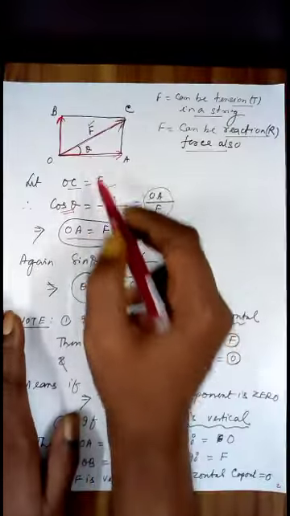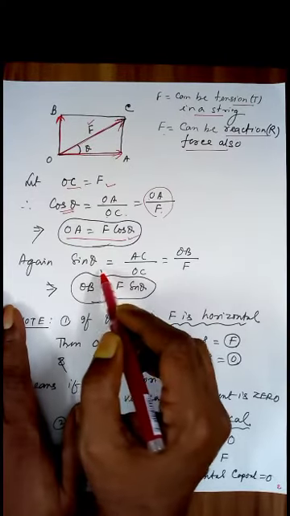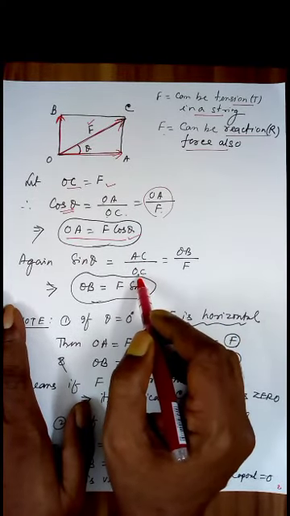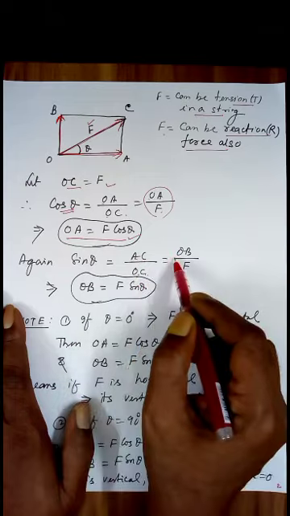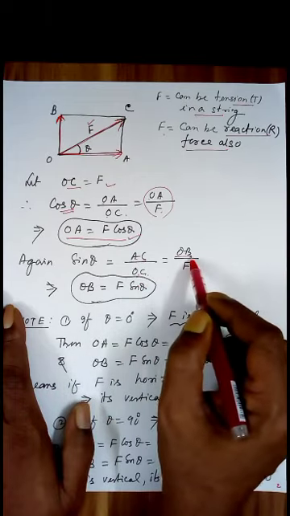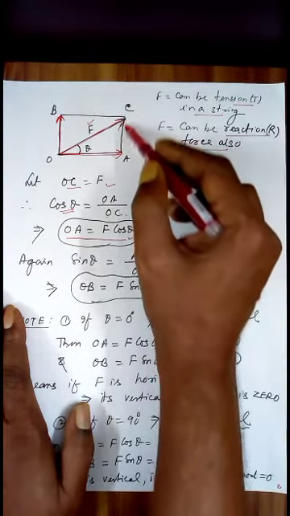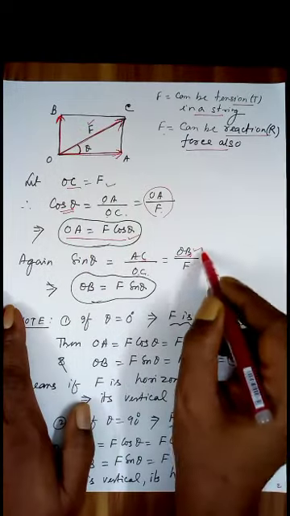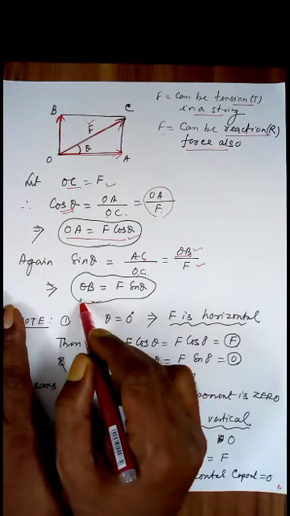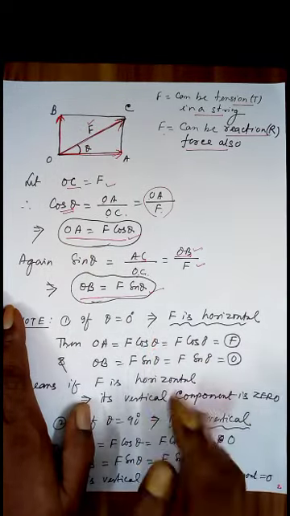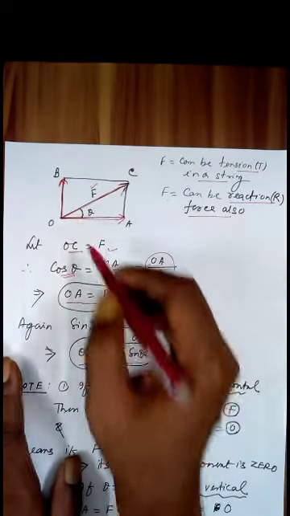Similarly, applying sine theta here, sine theta is perpendicular AC over hypotenuse, AC over OC. AC is the same thing as OB in length. So OB over F, cross multiplying, we get OB is equal to F sin theta. So what is the conclusion?